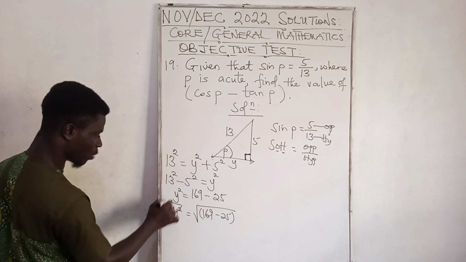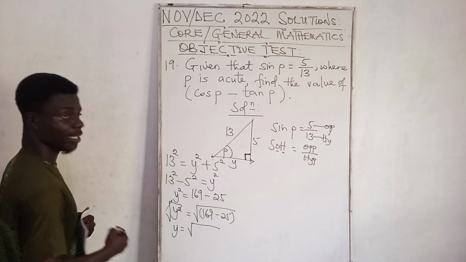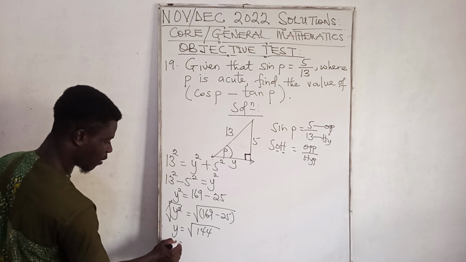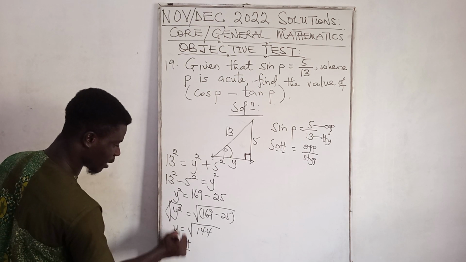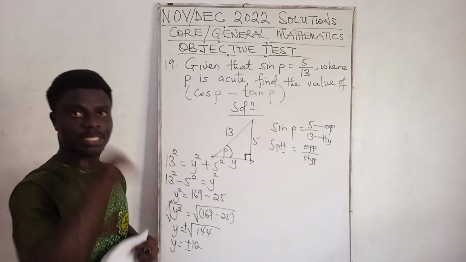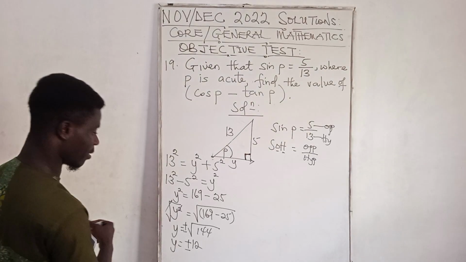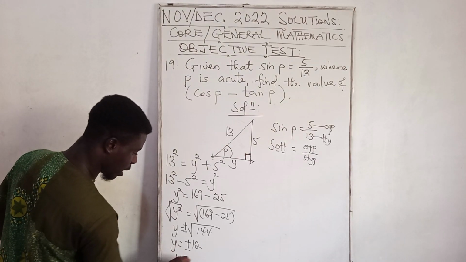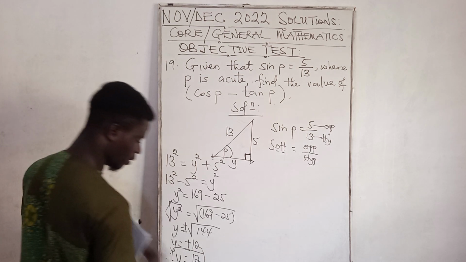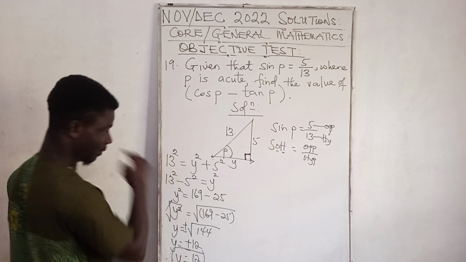So y squared is 169 minus 25, which gives 144. The square root of 144 gives us plus or minus 12. But this time we are not dealing with negative; we are dealing with positive, because we are dealing with length. Therefore y must be equal to 12.